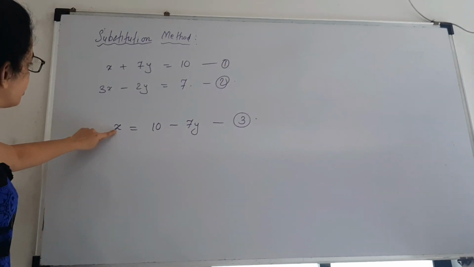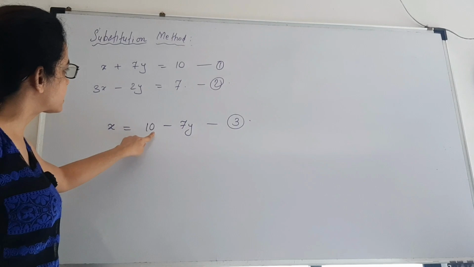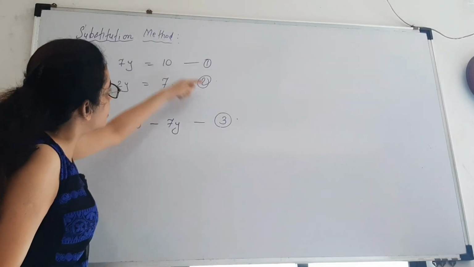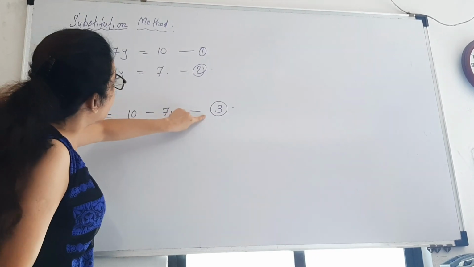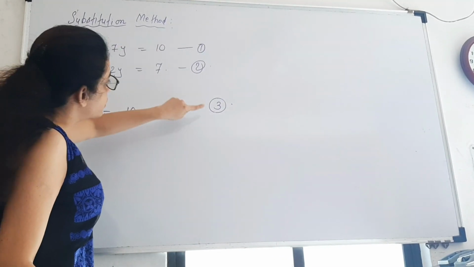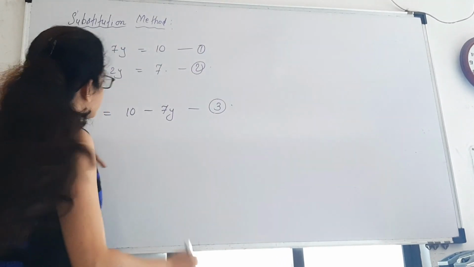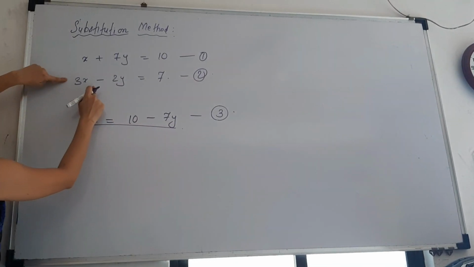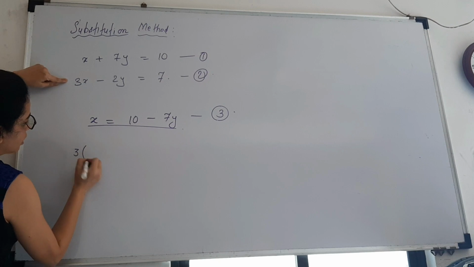Now I can substitute the value of x into the second equation because we have derived this equation from equation 1. So we don't have to substitute back in 1. We have to substitute in the other equation. So when I substitute this value of x in the second equation, what am I going to get?